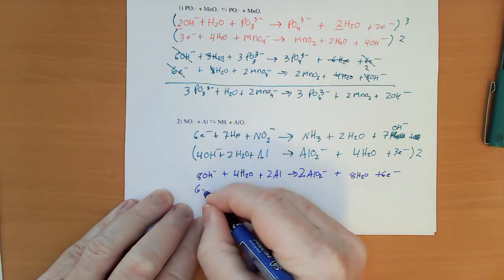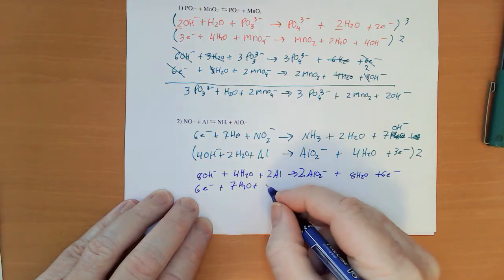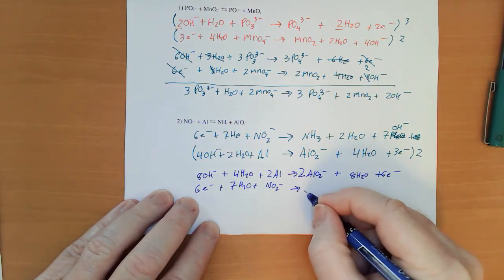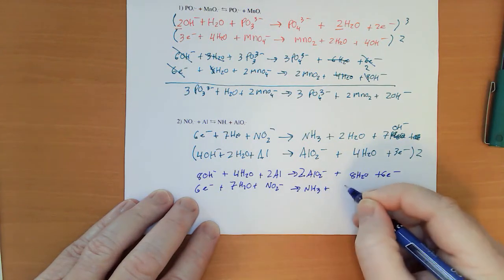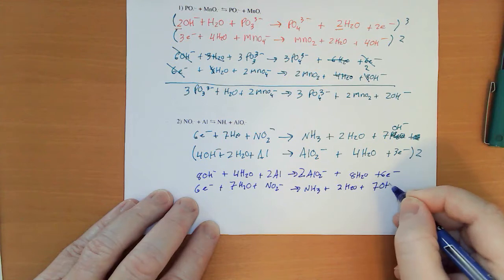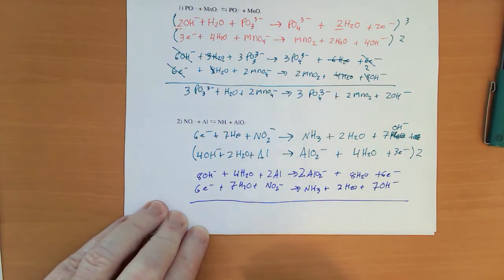Then from the top I had 6 electrons plus 7 water plus NO2 minus to give me NH3 plus 2 H2O and 7 hydroxides. Feel bad about that boo-boo. Sorry there, folks.